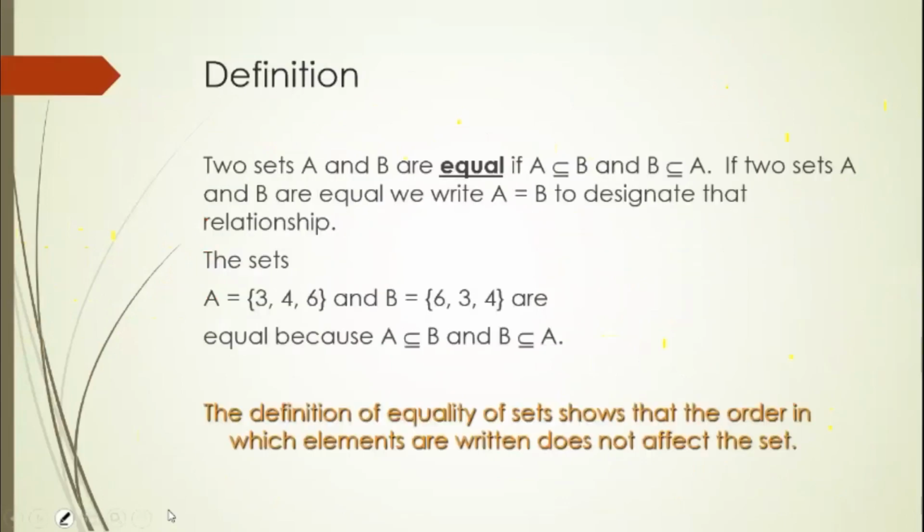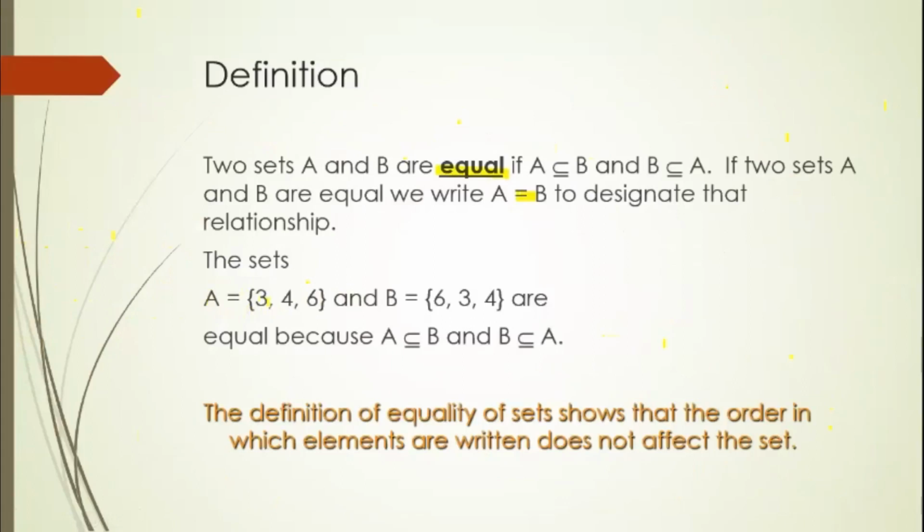Two sets A and B are equal if A is a subset of B and B is a subset of A. If two sets A and B are equal, what would be the representation? Of course, the equal sign. So let's have an example.